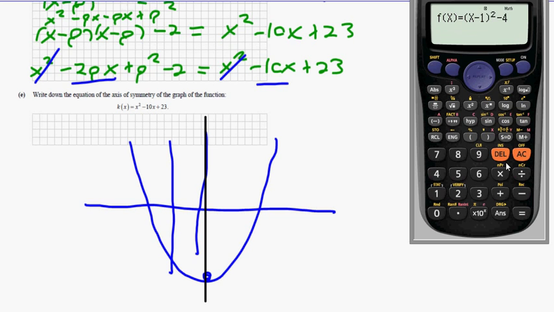So we're going to say shift x squared minus 10x plus 23.